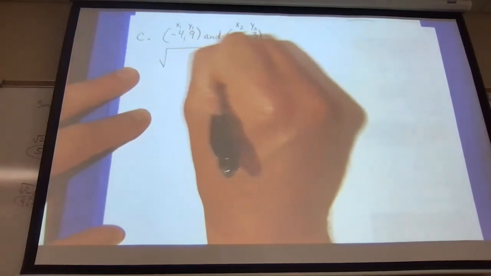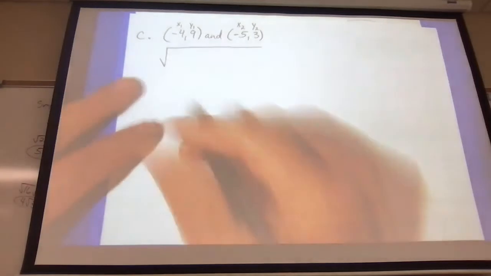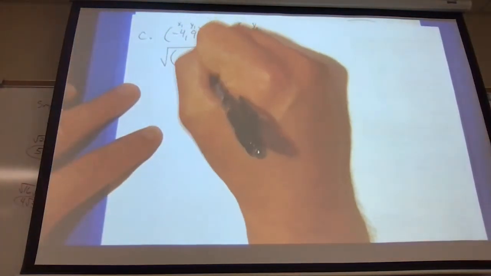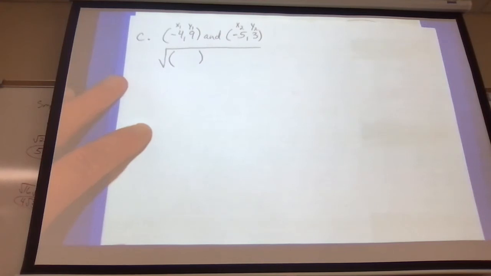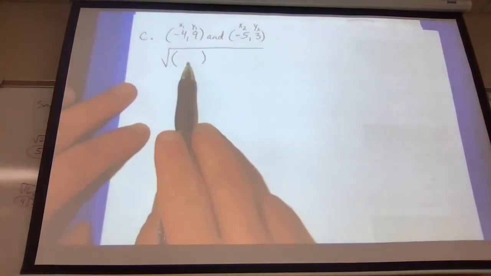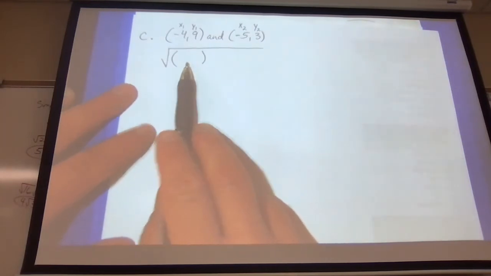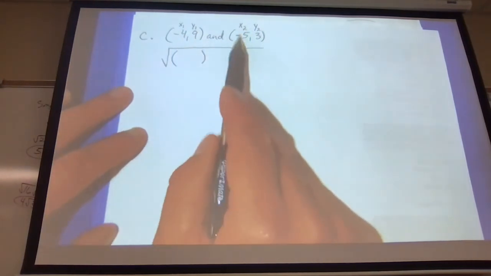Then underneath, we're going to do our distance formula. So we've got our big square root symbol. First set of parentheses, do we subtract the x's or the y's? What goes in the first set of parentheses, x's or y's? Y's? No, we're going to do x's first. We're going to do x2 minus x1. x2 is -5.